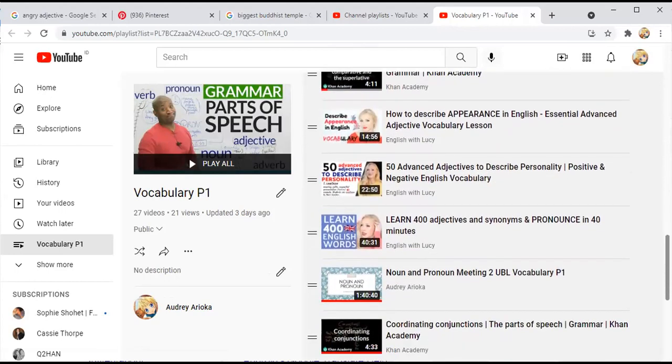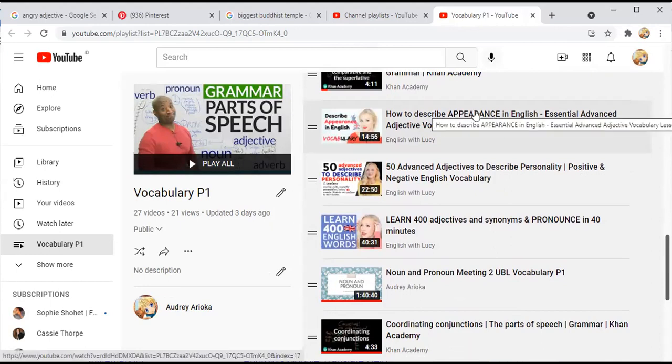As you can see, there are so many vocabulary, like adjective vocabulary to describe appearance, untuk mendeskripsikan suatu, like appearance is how people look. Okay. Gimana sih bahasa Indonesianya? Penampakan seseorang gitu ya. Okay, I'm sorry.